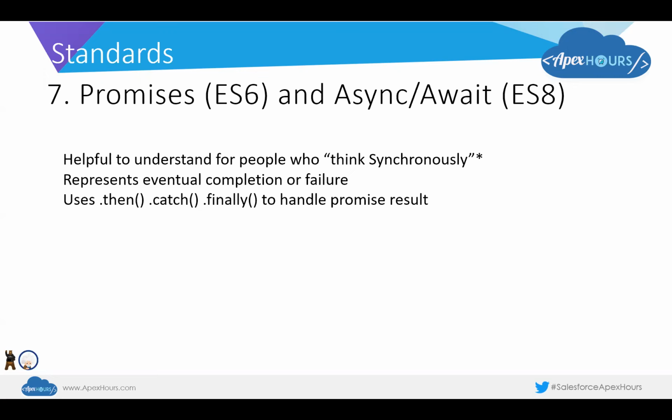So that's where promises and async await start to come in. You'll want to use those a lot, and make sure that you're being aware that dependencies and timing issues, race conditions can happen when you're doing asynchronous calls.